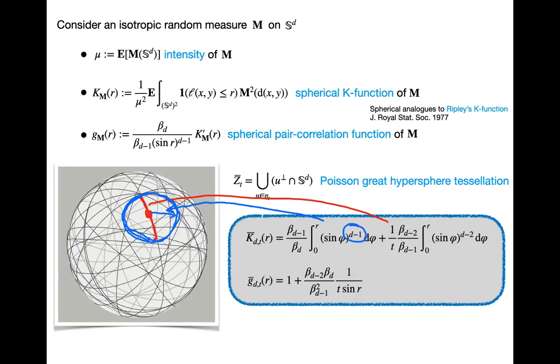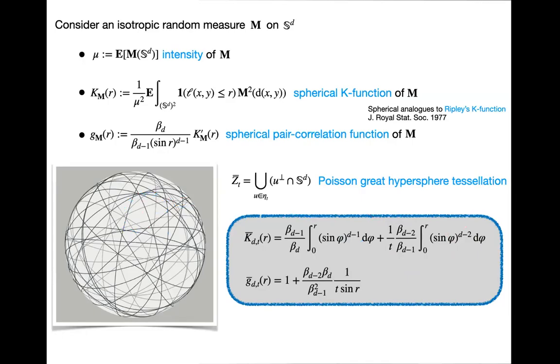And here you have the factor d minus 2, which comes from the d minus 2 dimensional spherical cap that you blow up inside this great hypersphere on which this point is sitting. That's why there is a sum of these two things. Obviously this is differentiable in r, and you can compute the spherical pair correlation function. This is just a derivative.